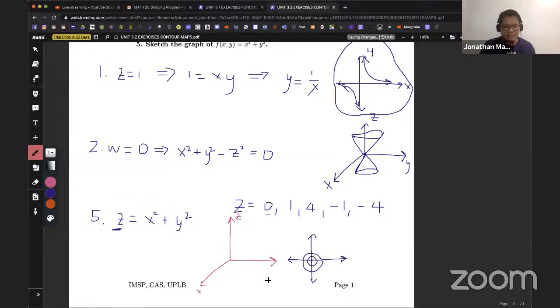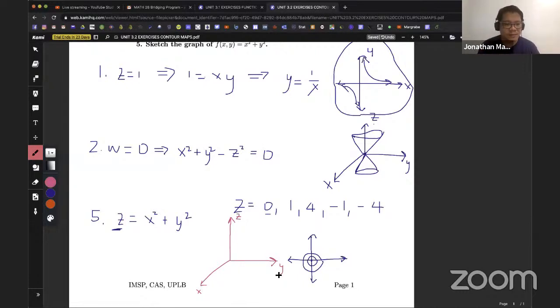Then this is our x and y. So take note, yung x-y plane natin, yung horizontal plane. And yung vertical axis natin, yung z-axis.